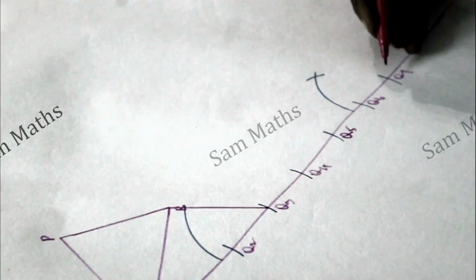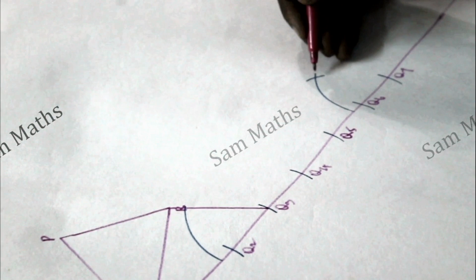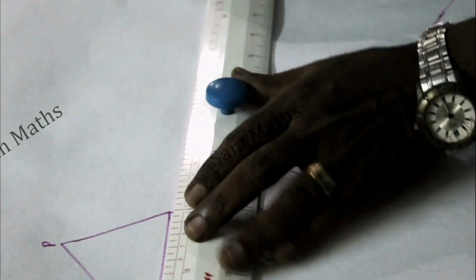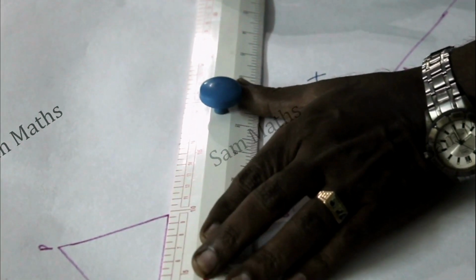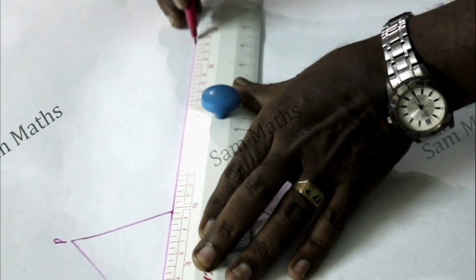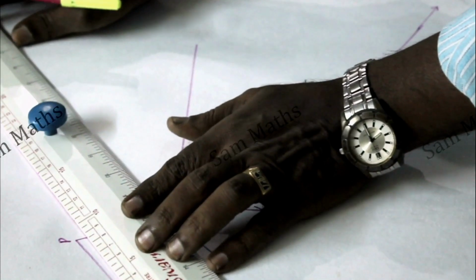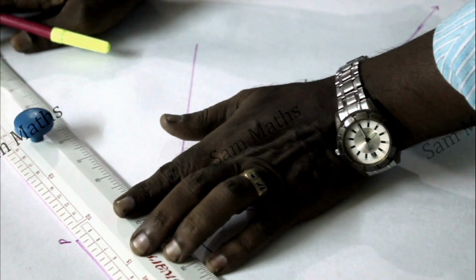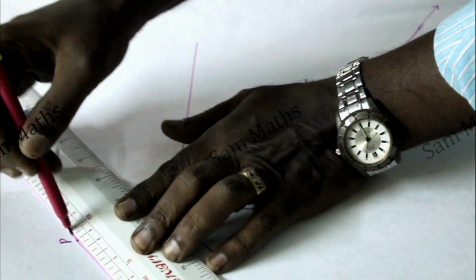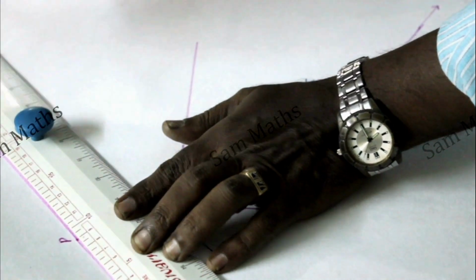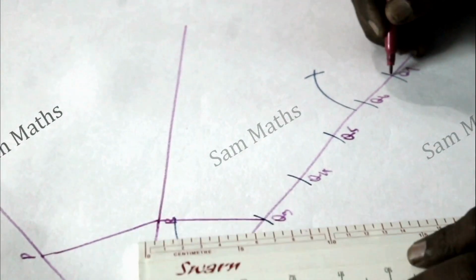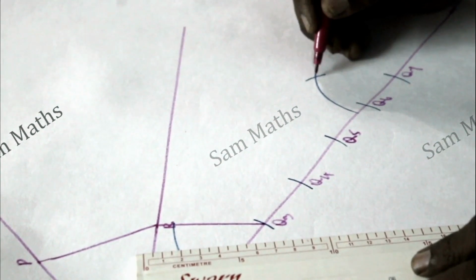Now I am going to join Q7 and this point of intersection. For that I am going to extend QR line and QP line. Okay, children. Now you can join Q7 and this point of intersection.